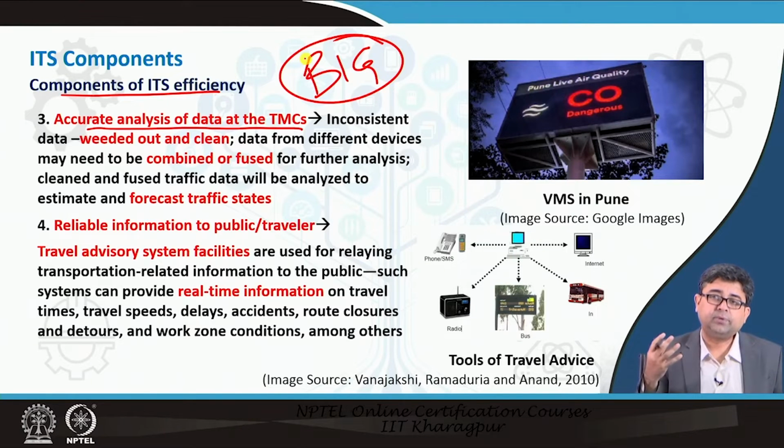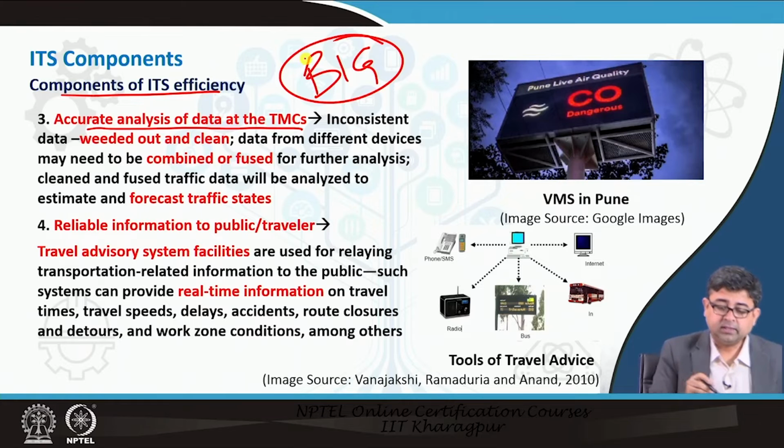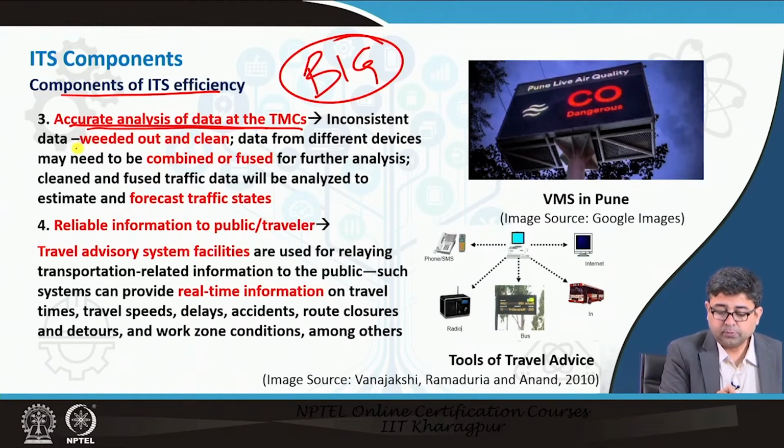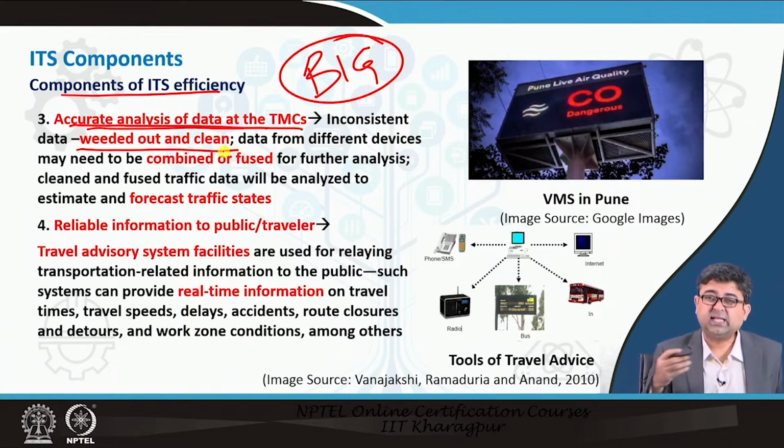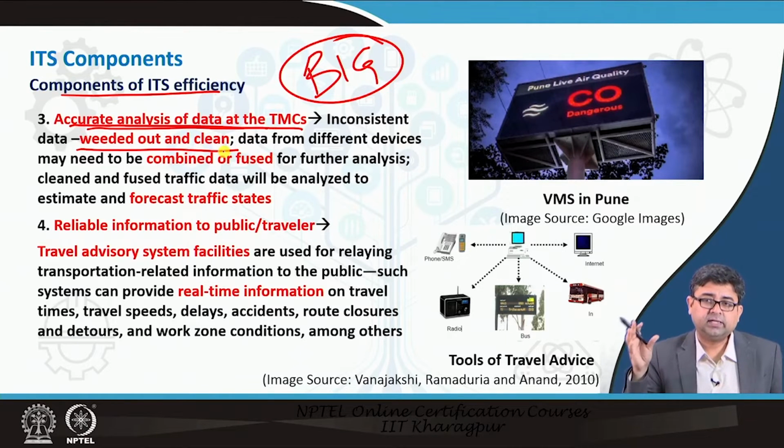So, that is an example of what we mean by saying accurate analysis of the data, right. So, poor data has to be weeded out, data has to be cleaned, there will be a lot of noise in the data, some data are outliers. So, we have to check for the outliers as well, whether they are useful information or not.